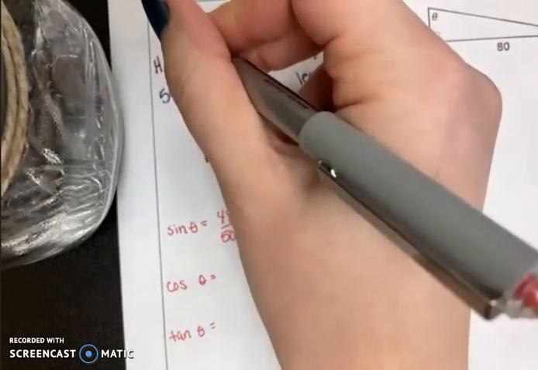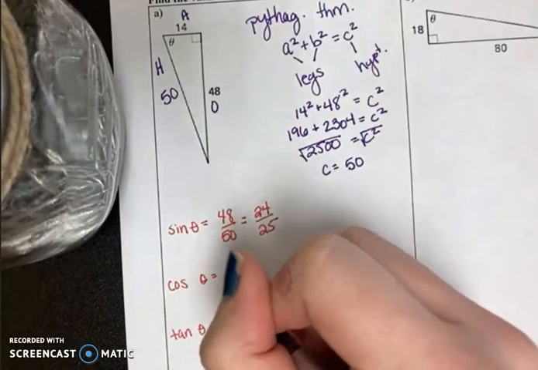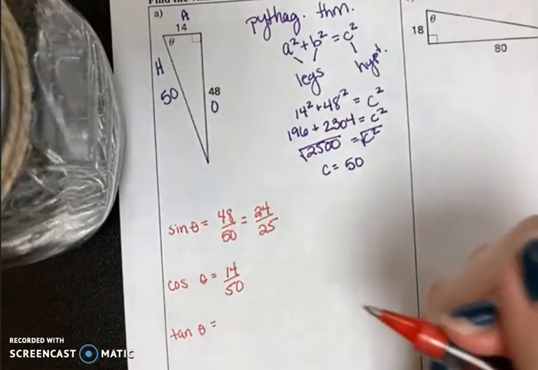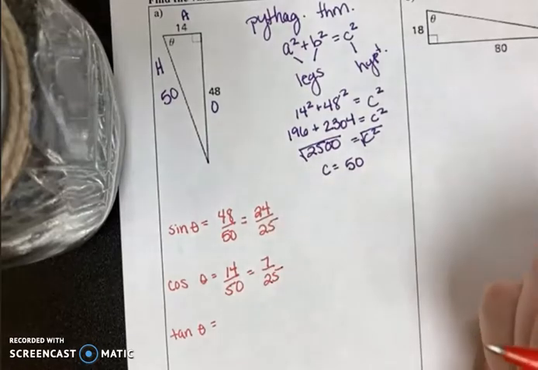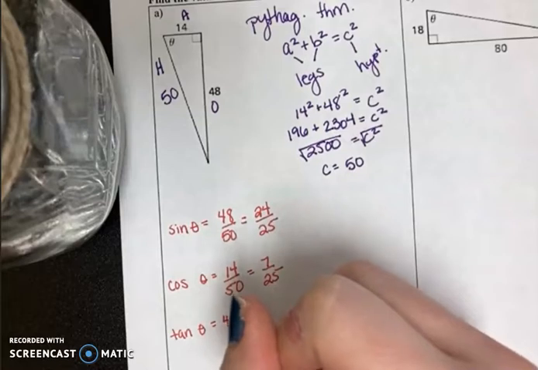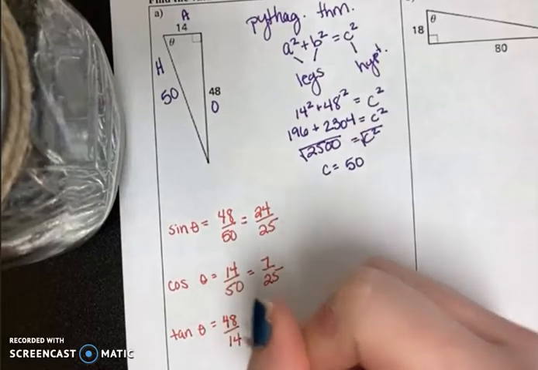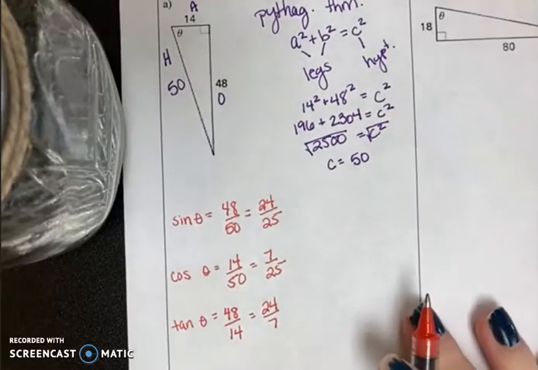Cosine is adjacent over hypotenuse. So 14 over 50. Once again, simplify, so they're both divisible by 2. Tangent is opposite over adjacent, so 48 over 14. That gives me 24 over 7, because both were divisible by 2.